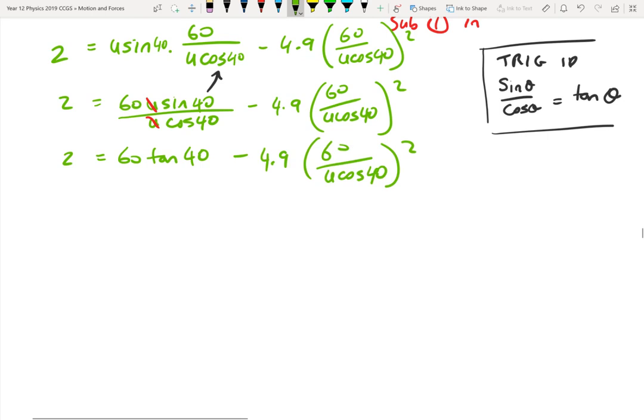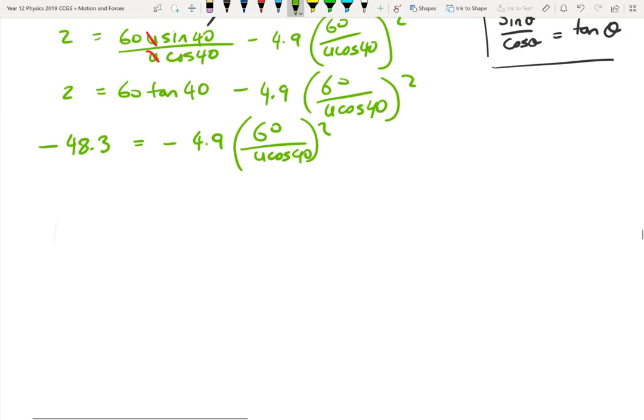So now you just have to grind your way through picking apart your equation. Now, 60 tan 40, I'm going to subtract 60 tan 40 from both sides, and abracadabra, you get 48.3 equals negative 4.9 times (60 on u cos 40) all squared.